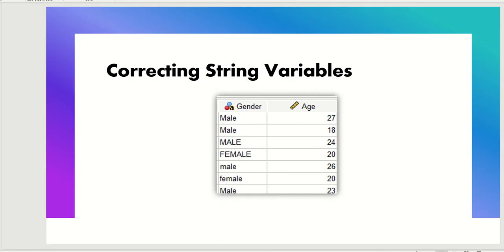So, for example, we asked people what their gender was, and some may have spelled it in proper case, meaning that the first letter is capitalized and the rest are lowercase, and some all uppercase, and some with all lowercase. And SPSS will count this iteration of male and this iteration of male and this iteration of male as all separate answers instead of just male.